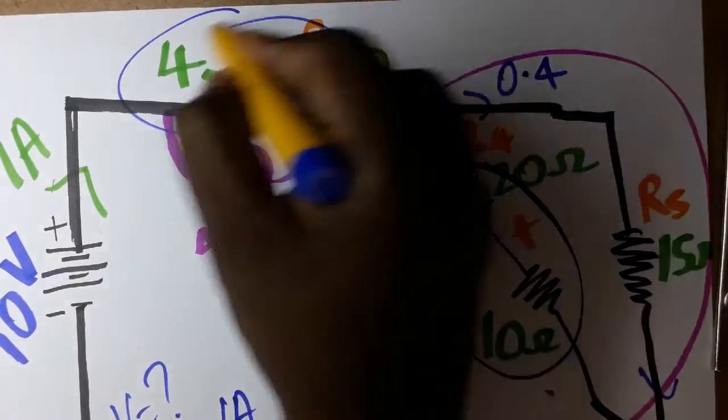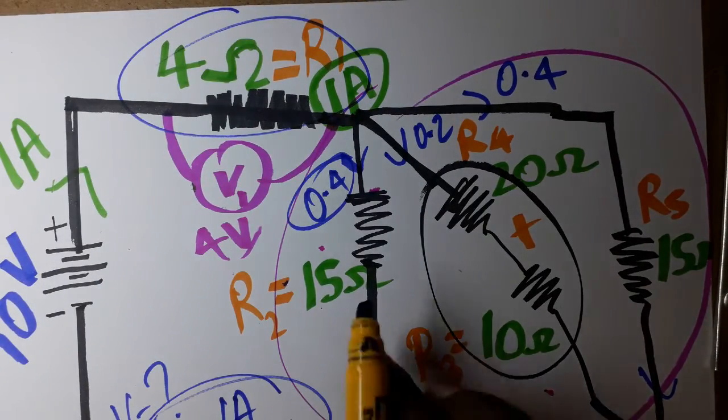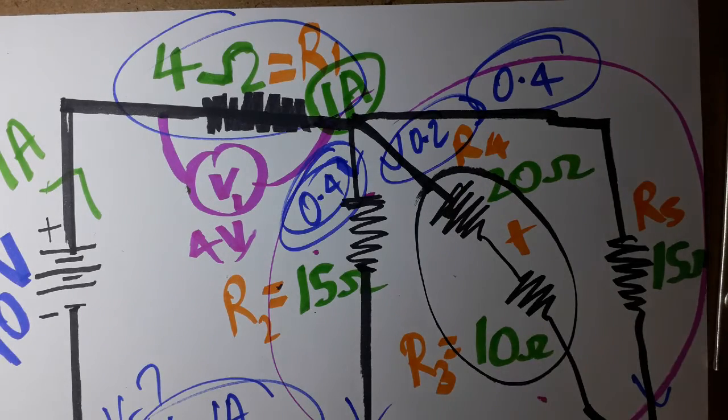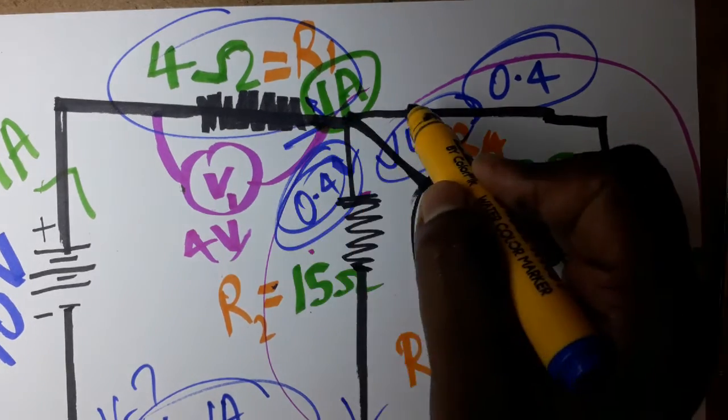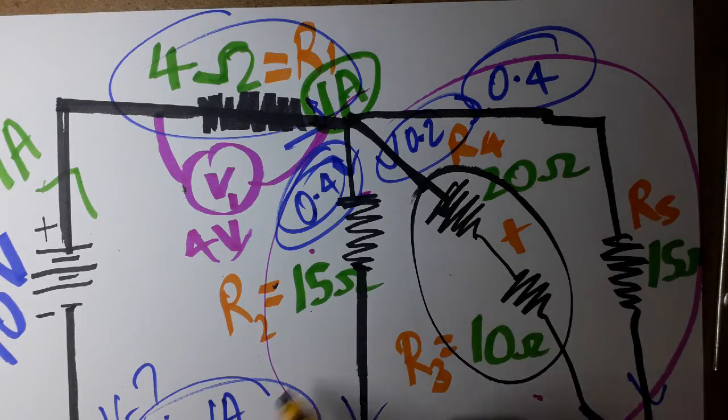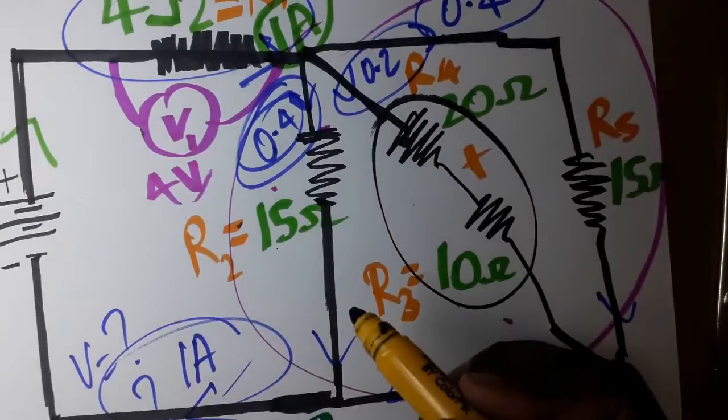In this place 1 ampere, in this place 1 ampere. Here 0.4, here 0.4 and here 0.2 ampere, because according to Kirchhoff's first law, the algebraic sum of all the currents will be the same. 1 ampere is going to split into 0.4, 0.2, 0.4. Totally we'll get 1 ampere.